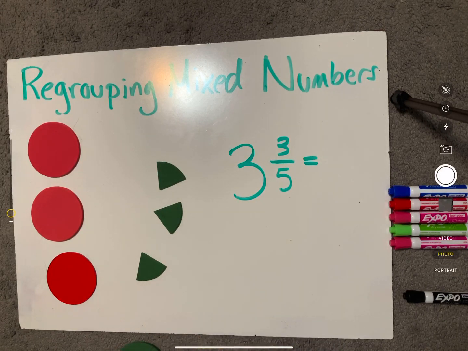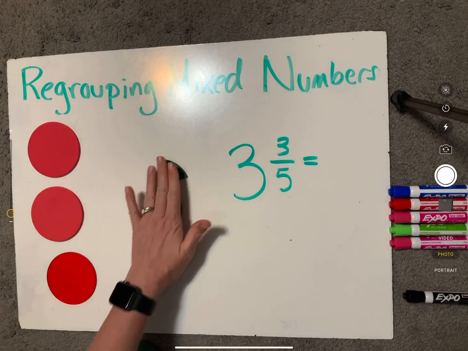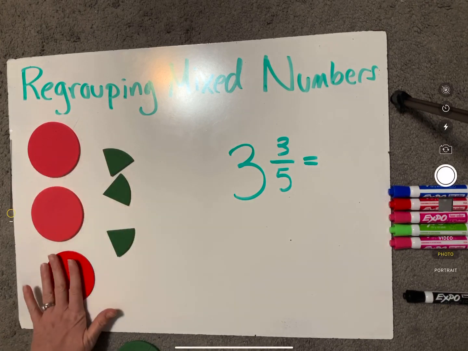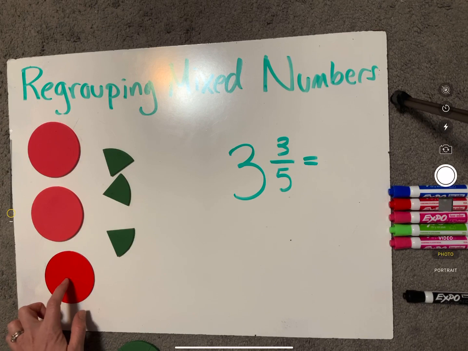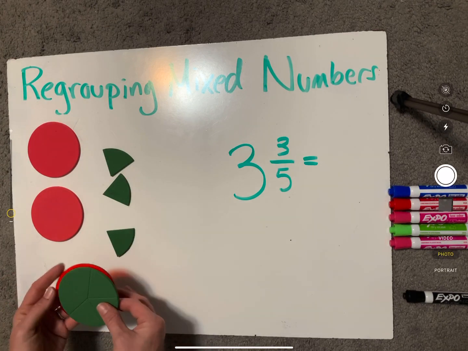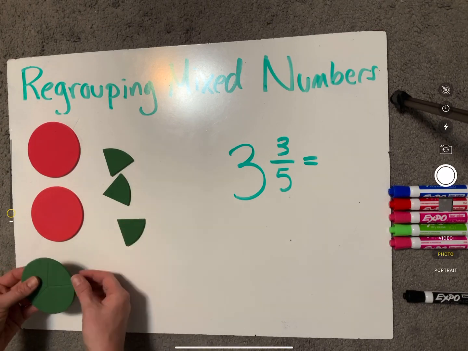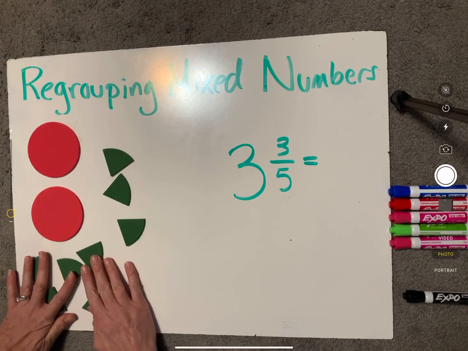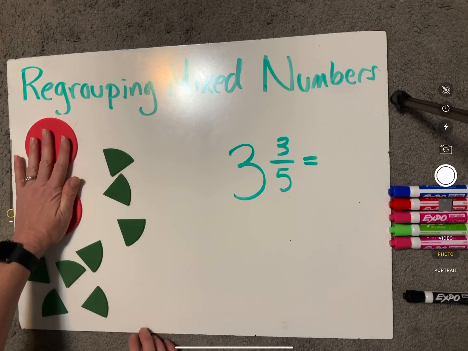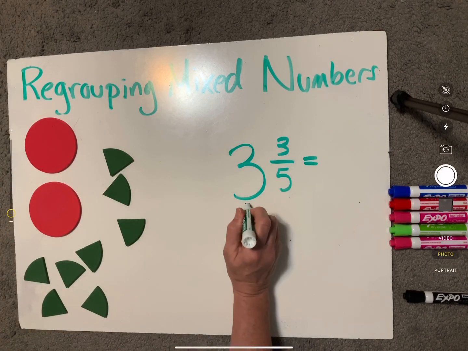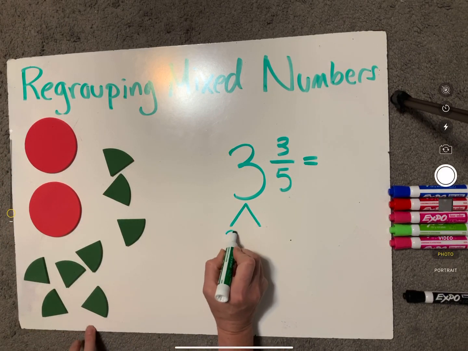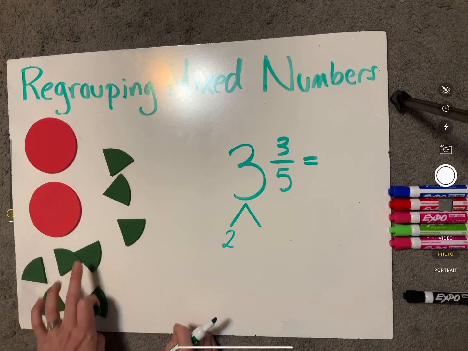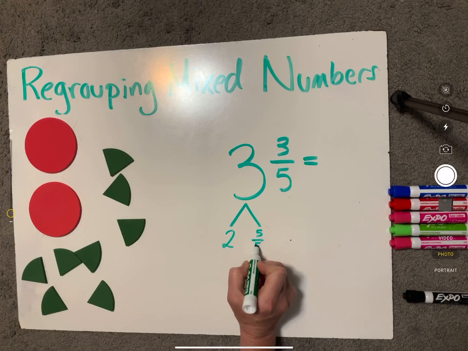Okay, so now 1, 2, 3/5 and 3 wholes. So we're going to take one of these wholes. I'm going to trade it out. And this whole is full of fifths. So this is 2 wholes still, right? So if we were to break this out, this is 2 wholes and then 1, 2, 3, 4, 5 fifths.